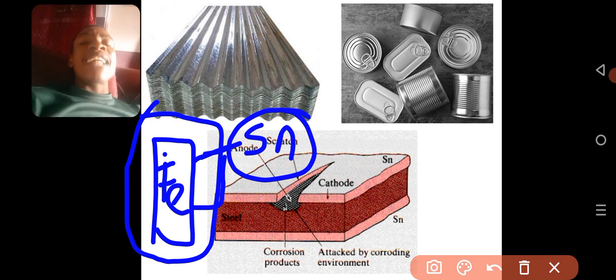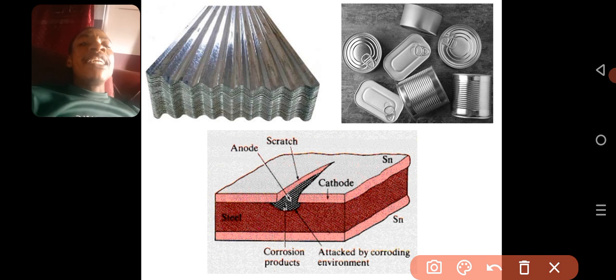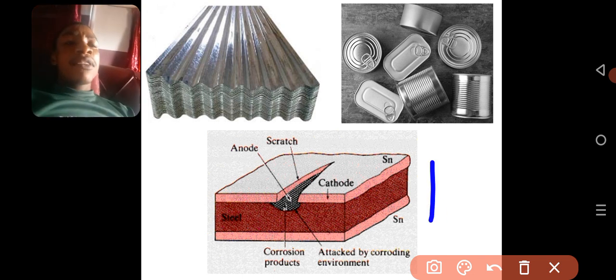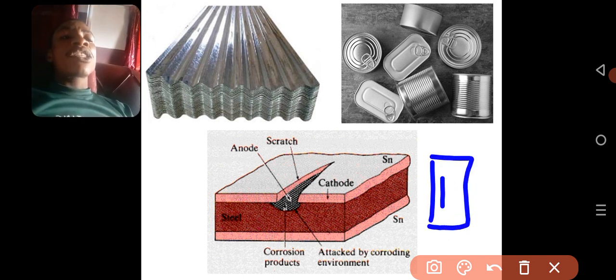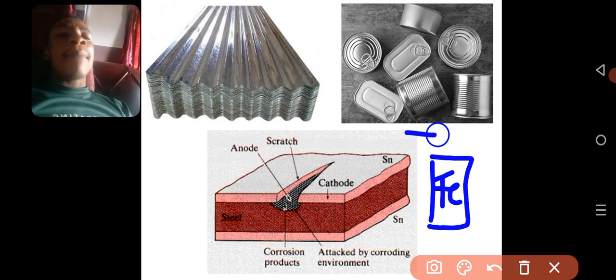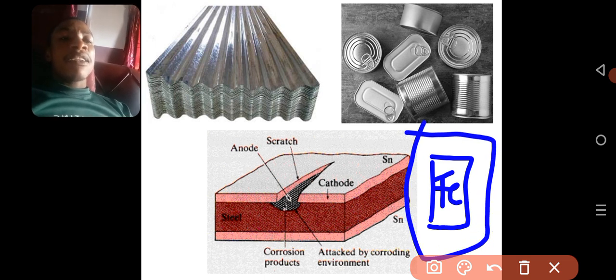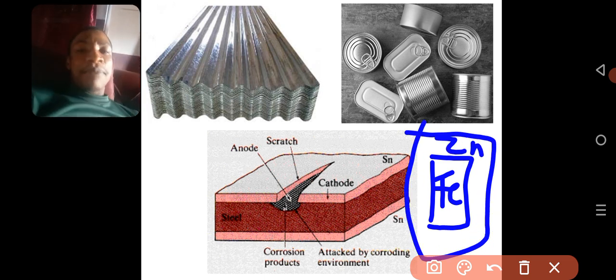So the iron, because it is more reactive, will start corroding, leaving tin behind.